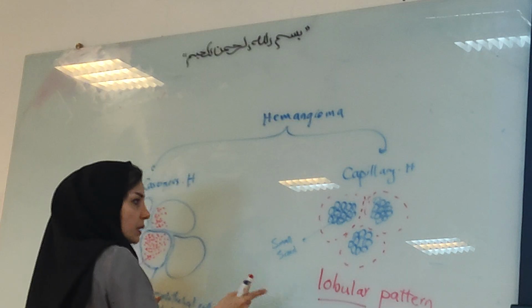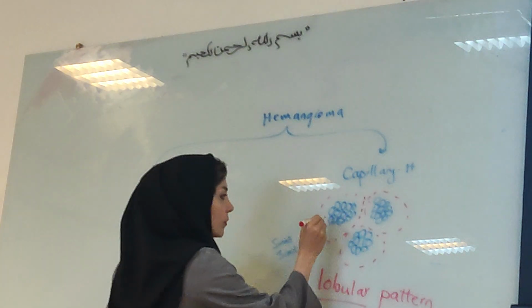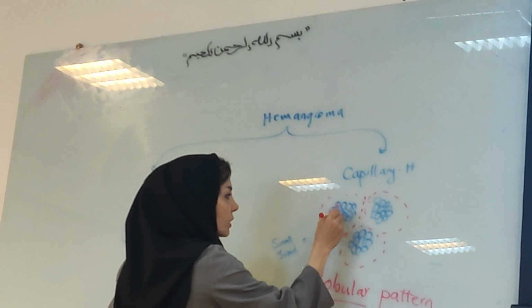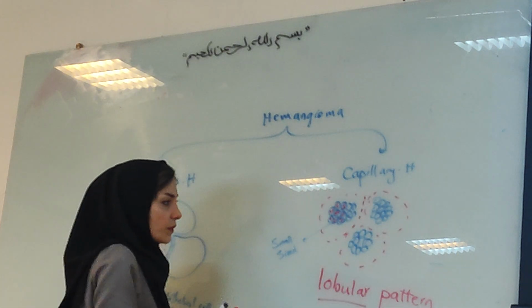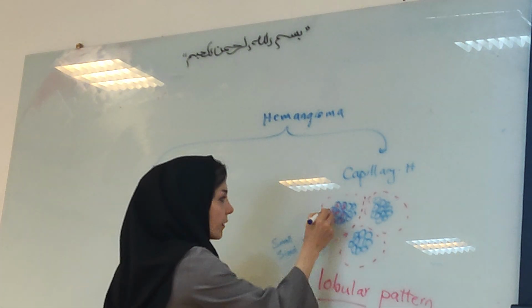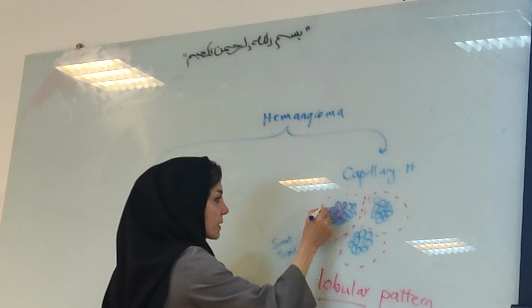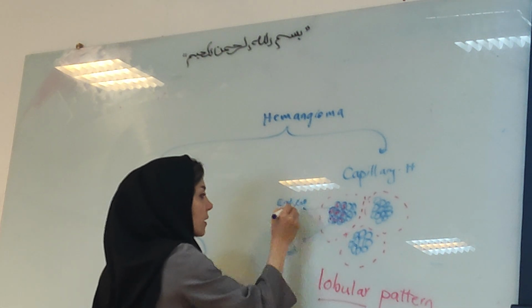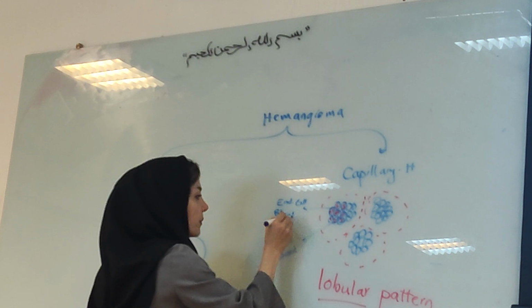Then these types are different specifically. All of them have endothelial cells with a bland-looking appearance.